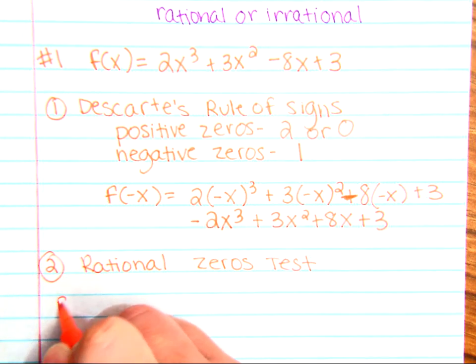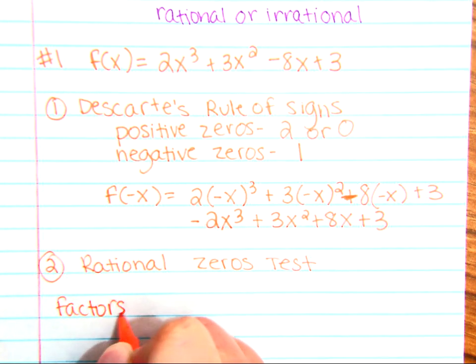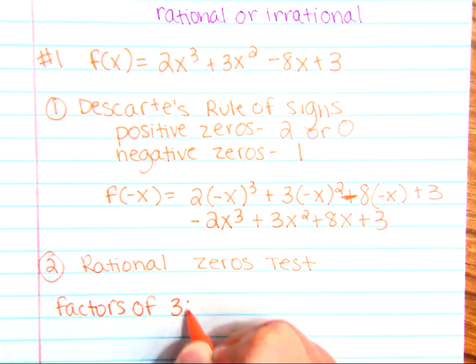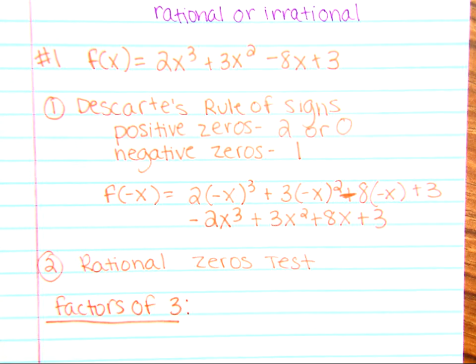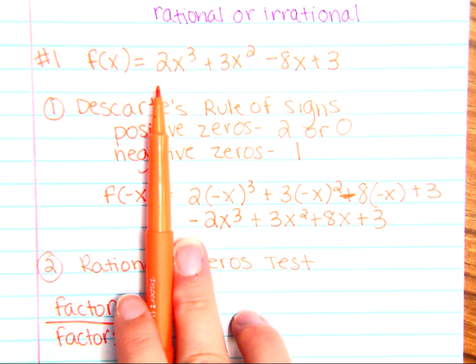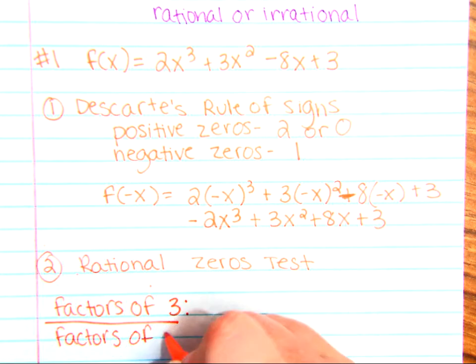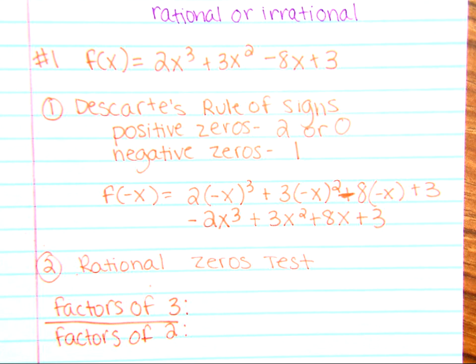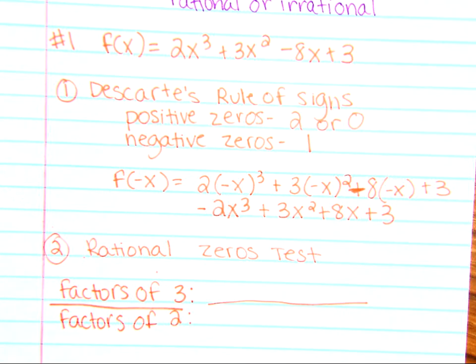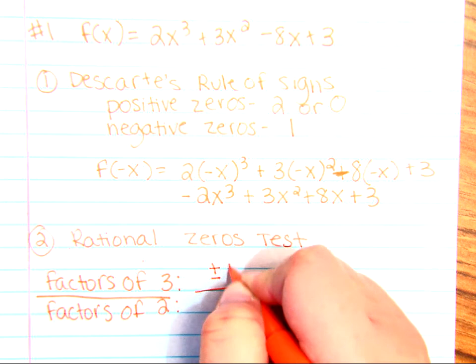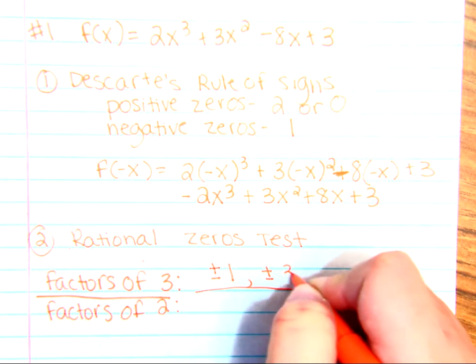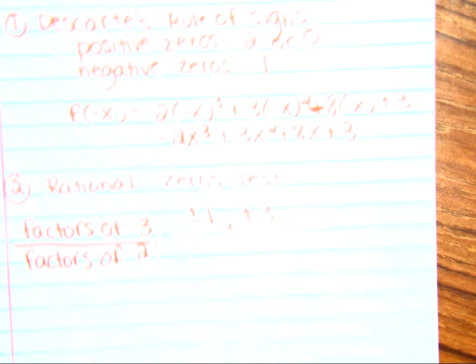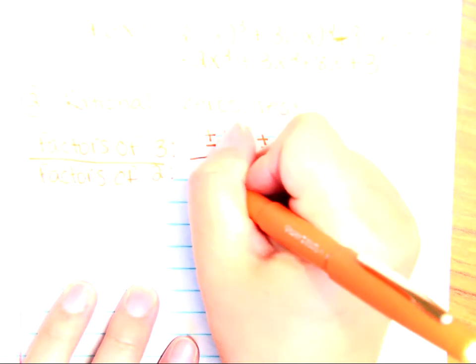So we would have factors of 3 over factors of our largest term's coefficient, so factors of 2. So this one's pretty easy because factors of 3, plus and minus 1, and plus and minus 3. And then we would have plus and minus 1 again, and plus and minus 2.